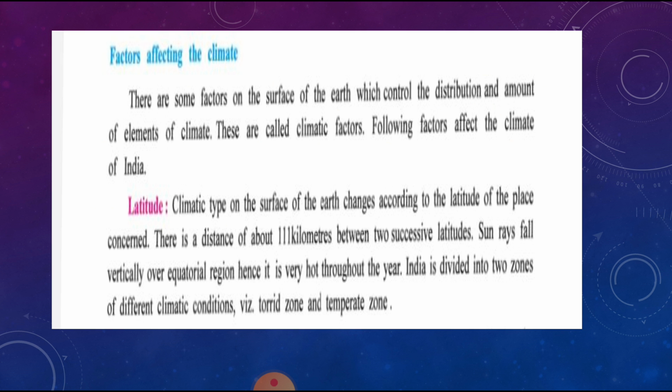The Tropic of Cancer, that is 23.5 degree north latitude, divides India into almost two halves. Because of this, the southern part of India, between 8 degree north to 23.5 degree north latitudes, falls in the torrid zone, and the northern part, between 23.5 degree north to 37 degree north latitudes, falls in the temperate zone.